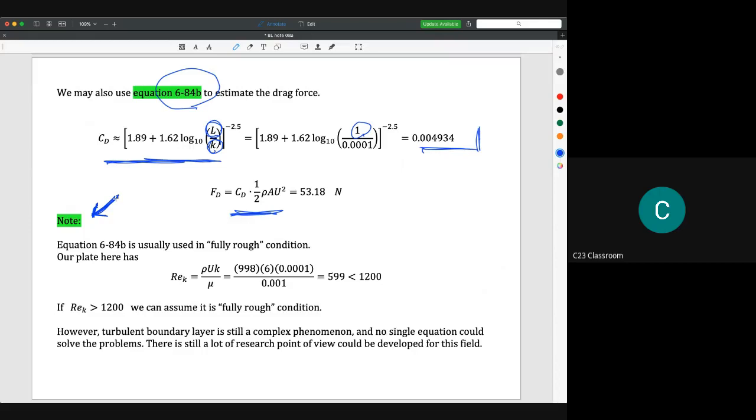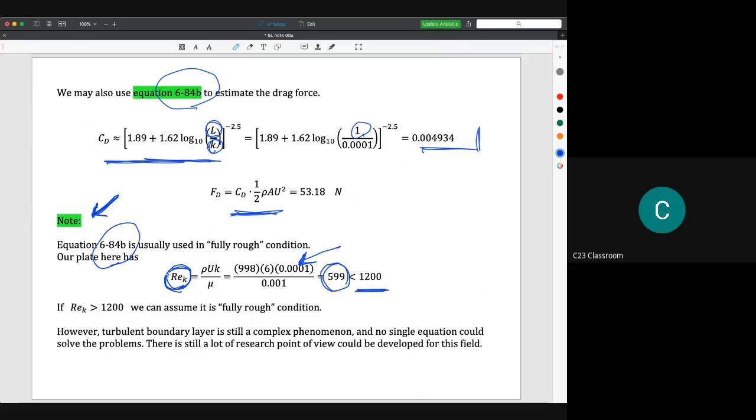Actually, if you read the textbook, equation 6.84b is usually used in the fully rough condition. For our plate here, we calculate the Reynolds number based on the value of K, which I write as Re_K, equal to rho U K over mu. We substitute the value of K here, and it is around 599, which is smaller than 1,200.